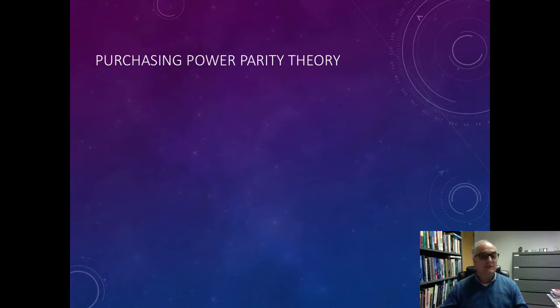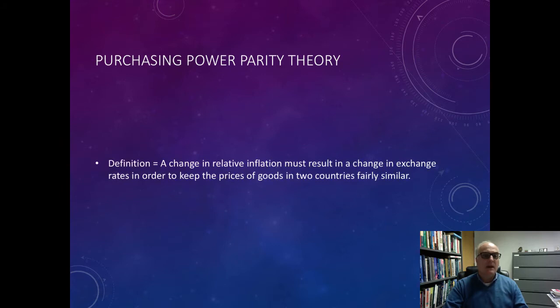Now, there are obviously differences in the costs of different goods and services in different countries over time. But purchasing power parity theory says that if there is a lower cost of living in one country, over time that currency should strengthen. Whereas if there's a high cost of living in a country, over time that currency should weaken relative to other currencies.